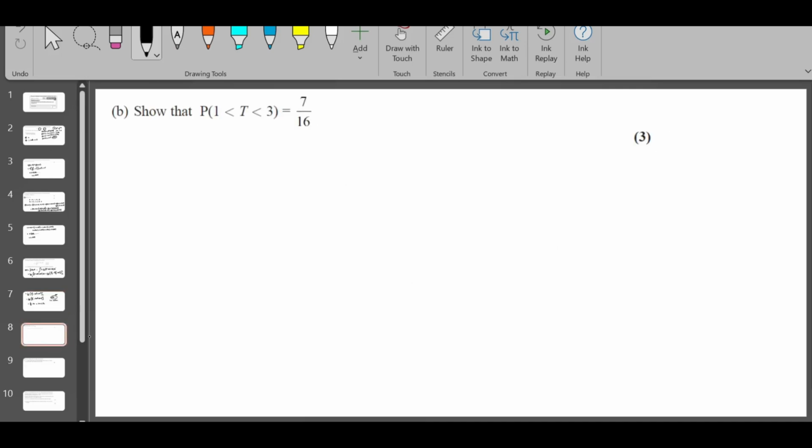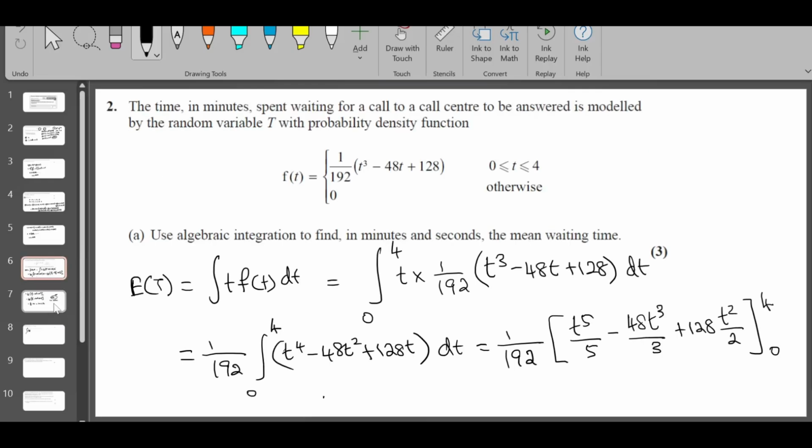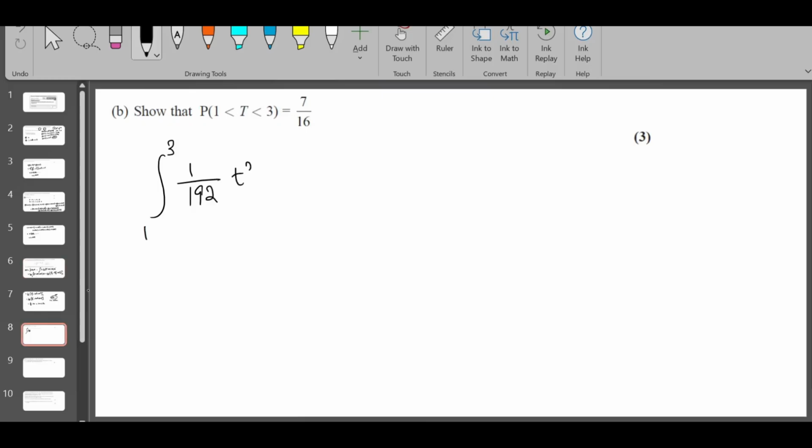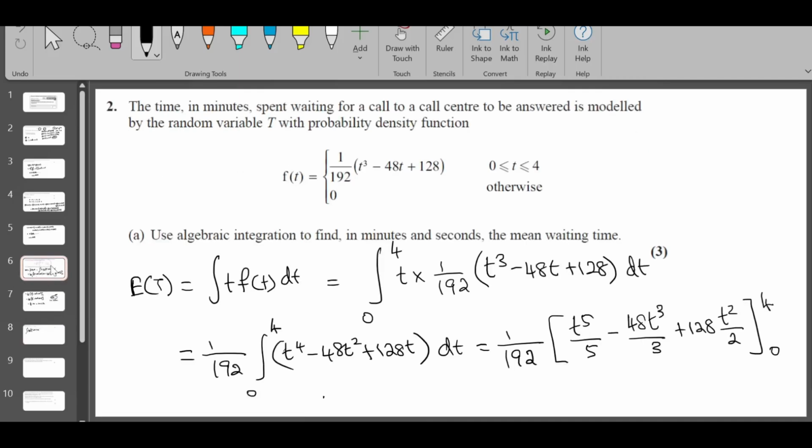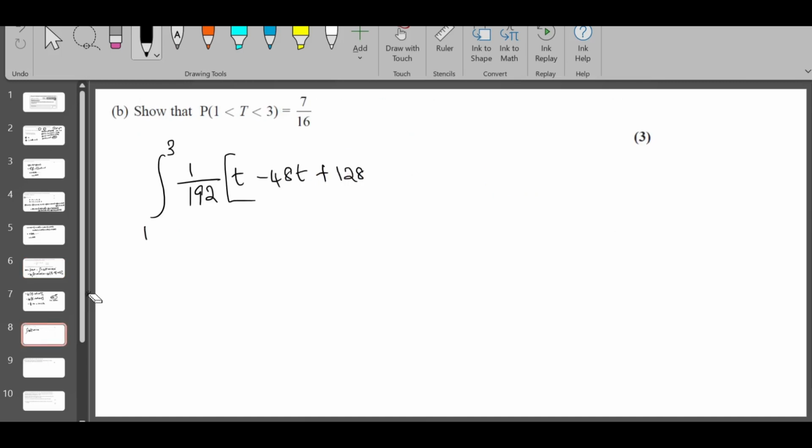Part B now. Show that P of 1 to 3 is equal to this. So we need to integrate the function from 1 to 3: 1 over 192 times t cubed minus 48t plus 128, dt.